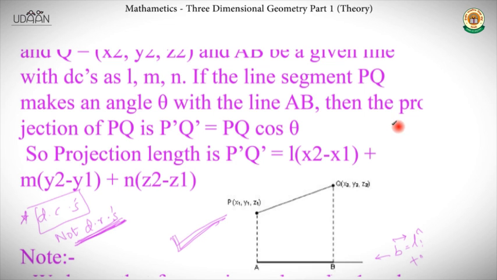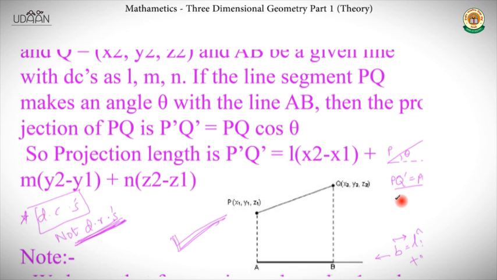In this given figure, this is the line segment PQ, and this is the projection of PQ. Say this is Q dash. So the projection is PQ dash, where theta is this angle.